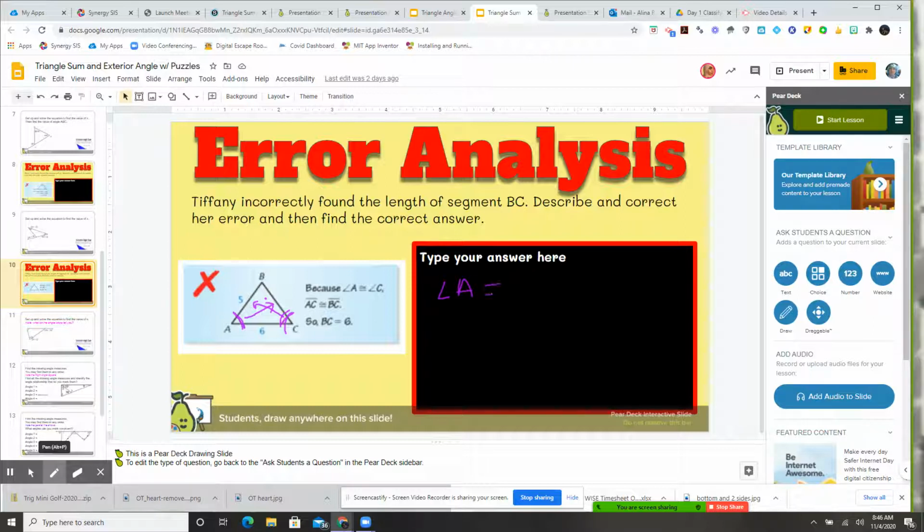Because angle A equals angle C, then side AB equals side BC. Okay? If I go straight through the center of that triangle, the sides that are opposite the congruent angles are also congruent. We haven't legitimately learned that. We just talked about it real briefly in one problem. Okay? Questions on that one?